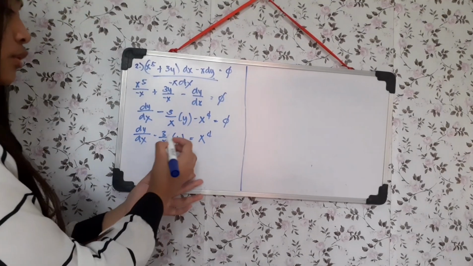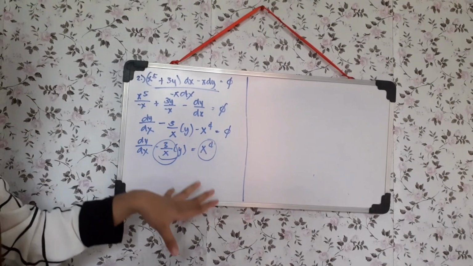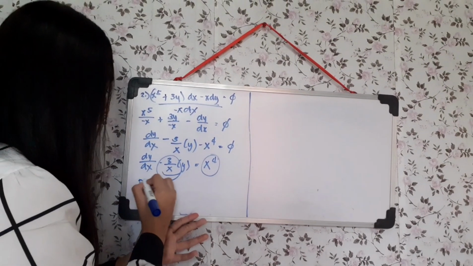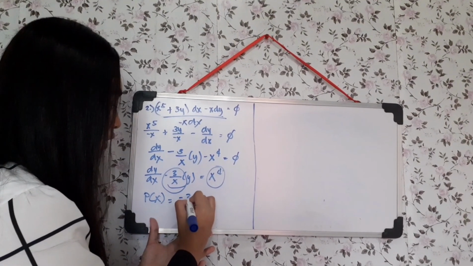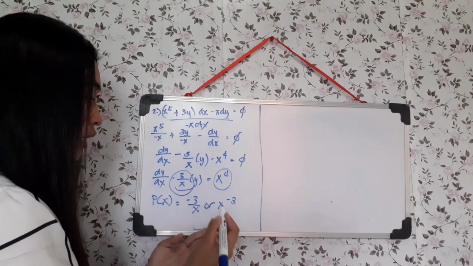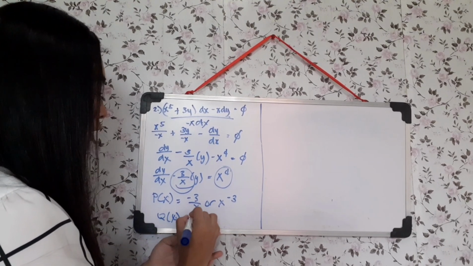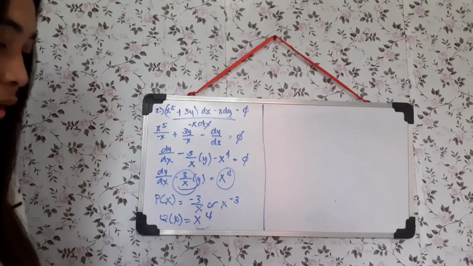Now we see that we have the value of p of x and the value of q of x. So p of x is negative 3 over x, and q of x is equal to x cubed.